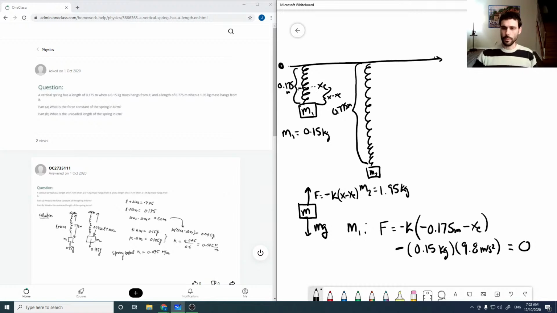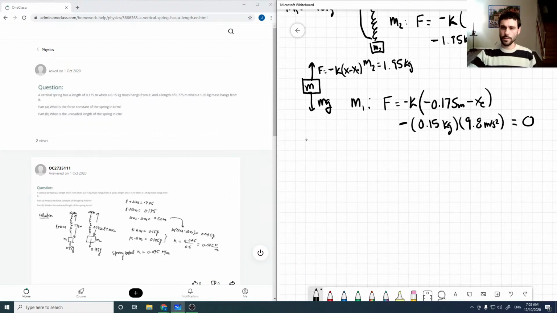Okay, so I'm going to write my second equation over here. For the second equation, it's very similar, so it's going to be minus k times minus 0.775 meters. And xe is still going to be in the same spot, so we can still use minus xe, and then minus our mg, so 1.95 kilograms times 9.8 meters per second squared is equal to 0.